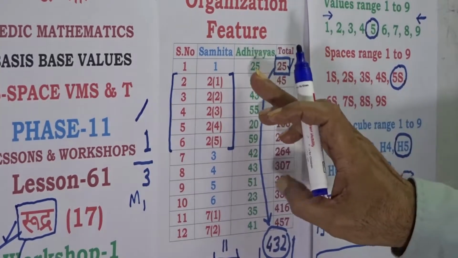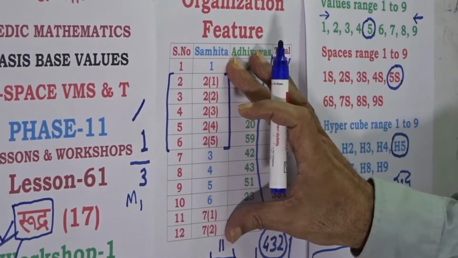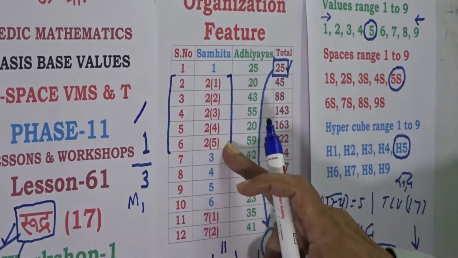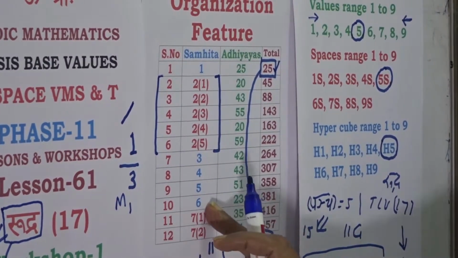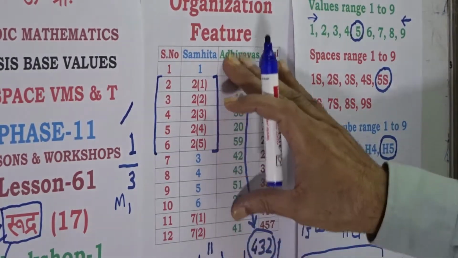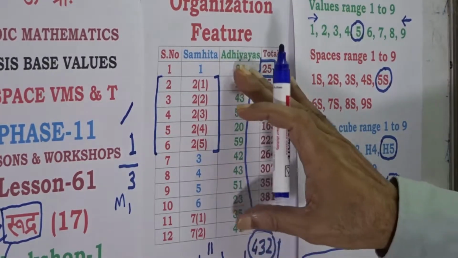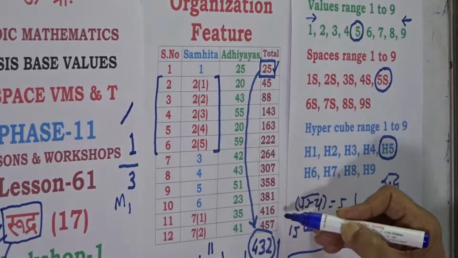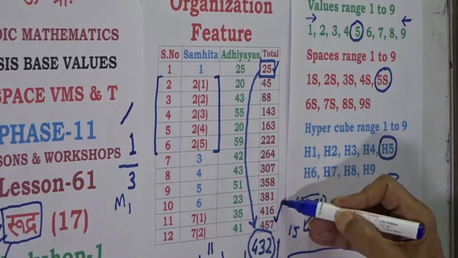There are 7 Samhitas, the second Samhita being of 5 khands, 5 parts, and the 7th Samhita of 2 parts, which makes a setup of 12 parts.